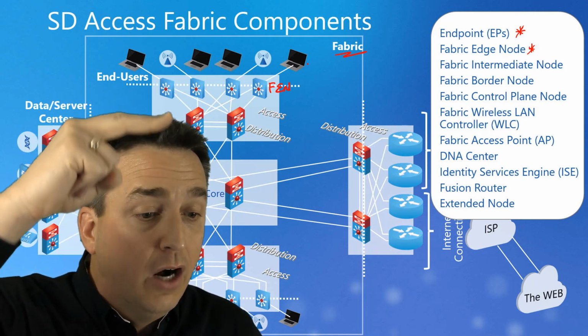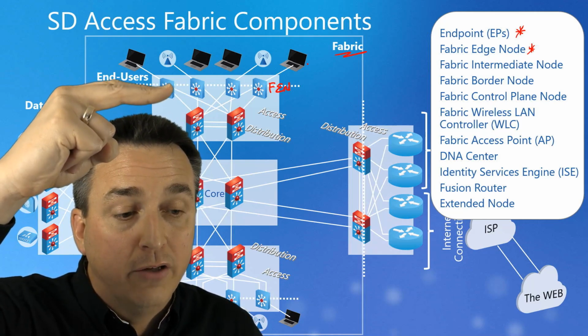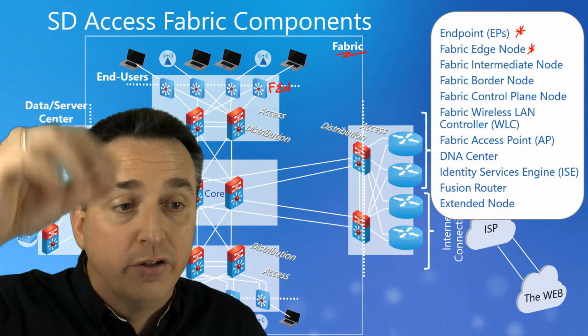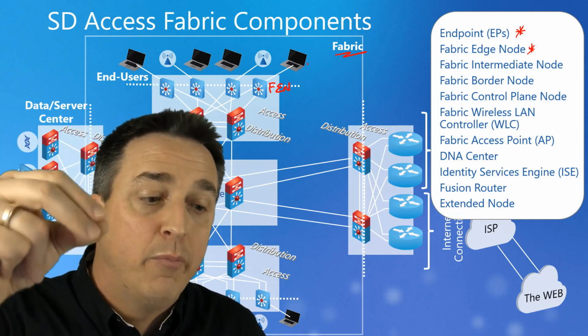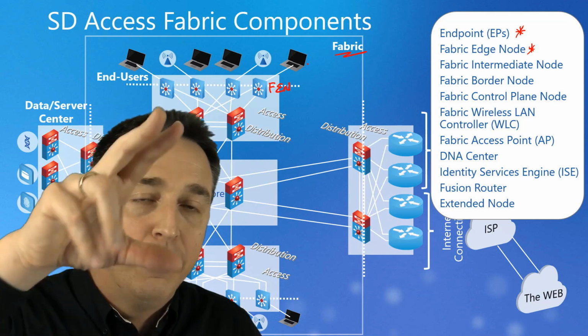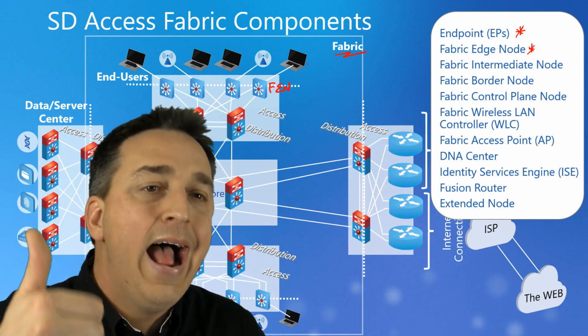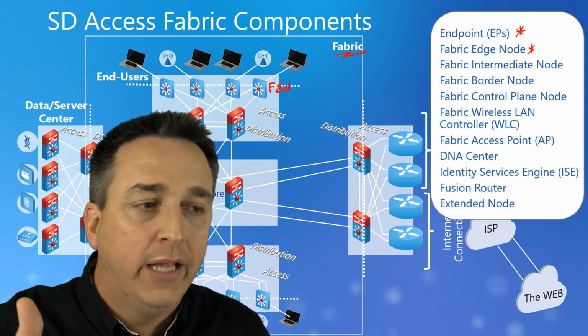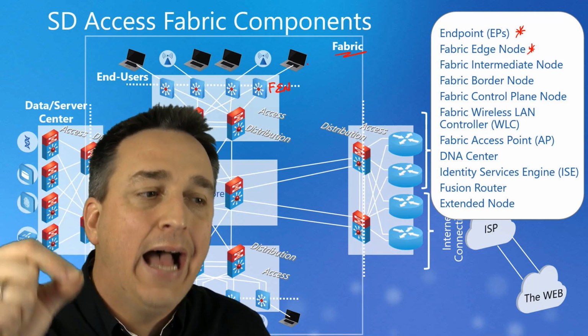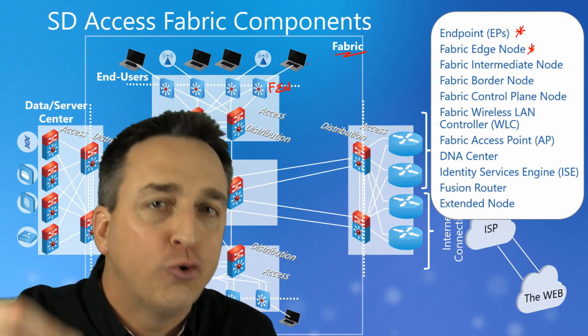In this case, our layer 2-3 boundary is here. So it is my access layer device that is my Fabric Edge node, which is the recommended best practice. And the Fabric Edge node is responsible for connecting your wired and wireless endpoints to the SD Access fabric and forwarding their traffic.